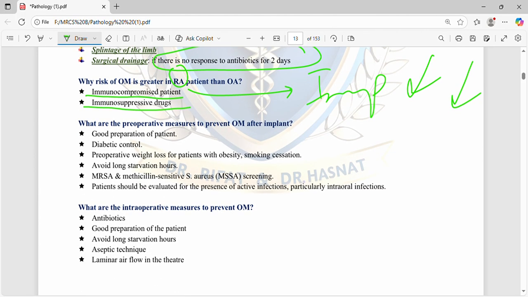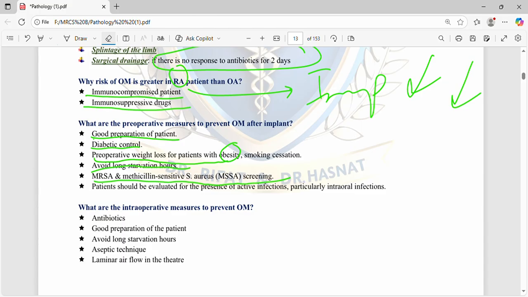What are the preoperative measures to prevent osteomyelitis after implant? Good preparation of the patient, diabetic control, preoperative weight loss for patients with obesity, smoking cessation, avoid long starvation hours, MRSA or methicillin-sensitive Staph aureus screening. First you have to screen them, and the patient should be evaluated for the presence of active infection, particularly intraoral infections.